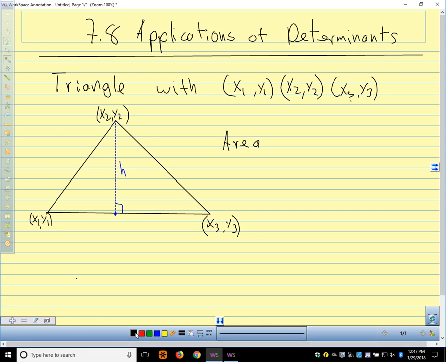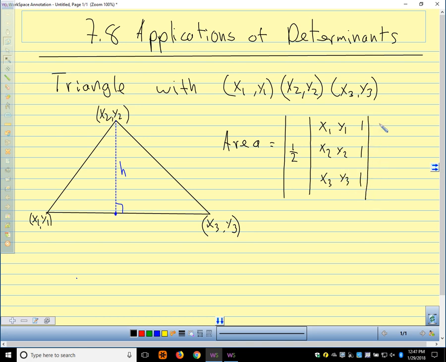But we can use determinants to find this area. The area is going to be 1/2, and we're going to take the absolute value because we want our area to be positive. 1/2 the determinant. And we're going to turn these points, kind of like we did for our activity on Friday, into a matrix: x1, y1, 1, x2, y2, 1, x3, y3, 1.